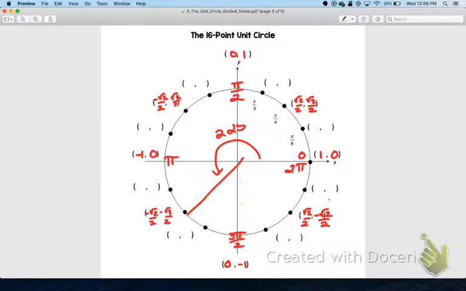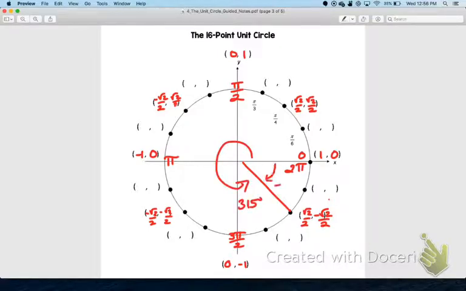And then the same at this angle here, which would be 270 plus 45, so 315 degrees, or negative 45 degrees. Or if we go into radians, negative pi over 4. And go from there. Okay, so we got our 45s done.